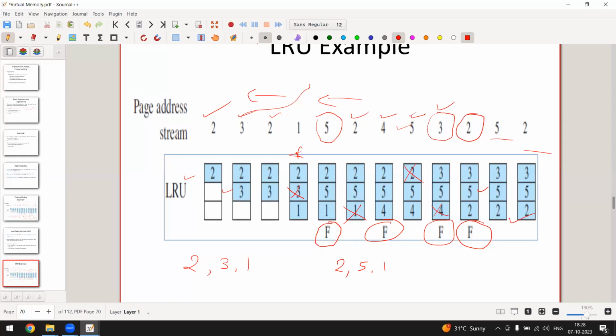So the number of page faults is 4, and the page fault rate is 4 by 12, that is 0.3. In the previous example our page fault rate was 0.25, and here it is 0.3. So we have more page faults with LRU compared to the optimal policy, obviously.